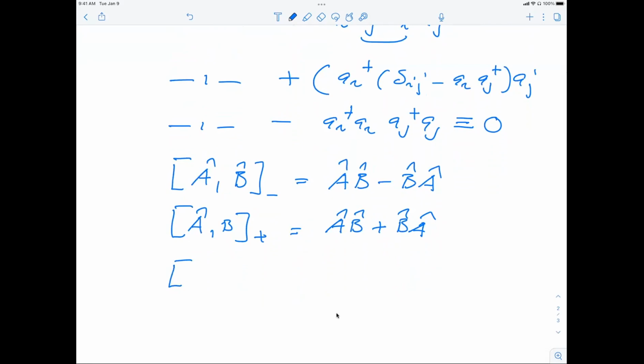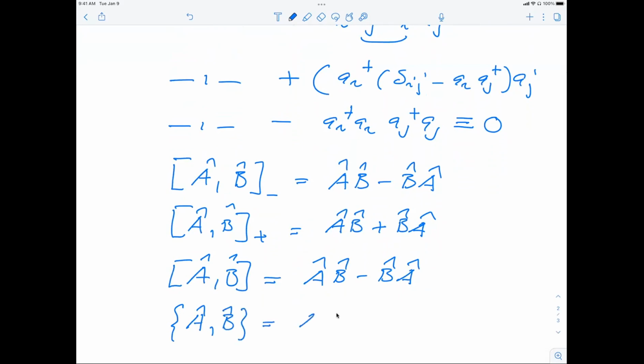So when I write AB, this is the kind of notation I will follow. And sometimes it happens that I forget to put on hats here. And then I'm going to have this notation for the anti-commutator, and that's given by AB plus BA. So you see the kind of notations, because in some textbooks you will see the other notation being used.